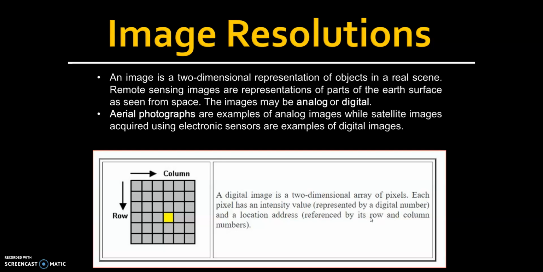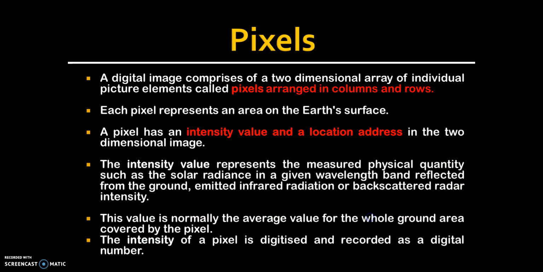The intensity value is the energy radiation which the sensor is able to capture, and it is represented as a digital number. The location address is the row and column number, basically the longitude and latitude, which form the coordinates. This is what I was talking about in the previous class. You can refer to it again.